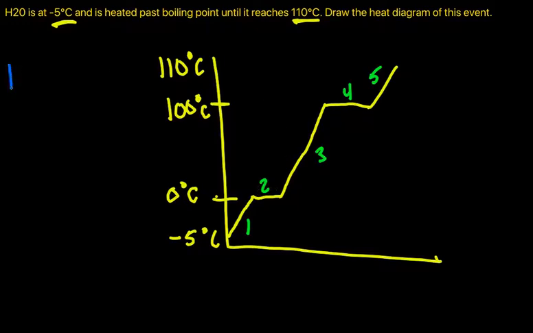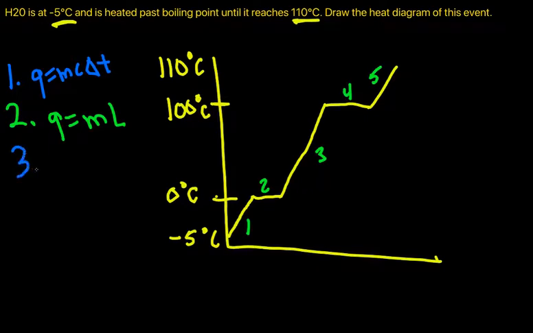At position 1, that is specific heat because it's an incline or a decline. In this case, it's an incline, so we'd use Q equals MC delta T. At point 2, it's a flat plane, so we'd use Q equals ML.